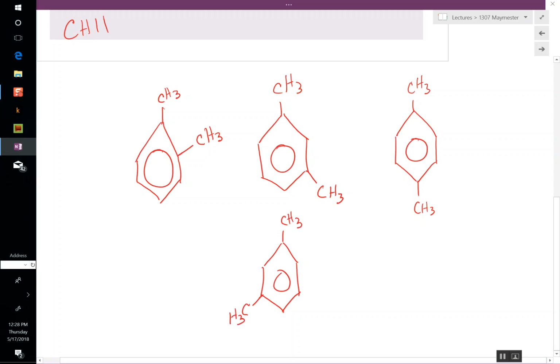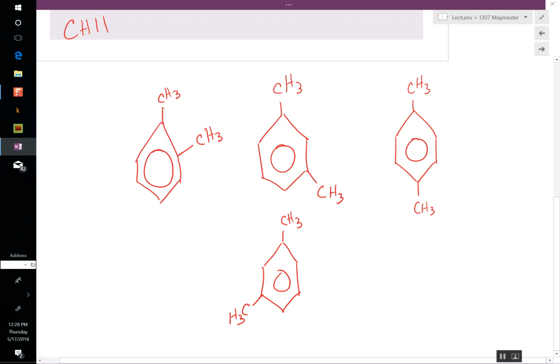All I want you to see here is that this and this are the same thing. Imagine picking this up off the board and rotating it 180 degrees and laying it right on top of that. It would lay right on top of that, wouldn't it?